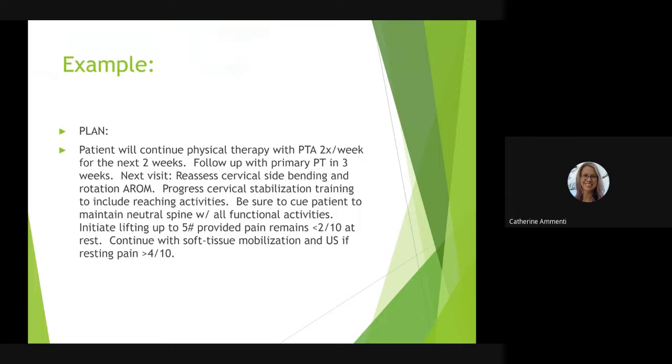It's not going through every single exercise, and especially not every single exercise with specific dosage, not necessarily.